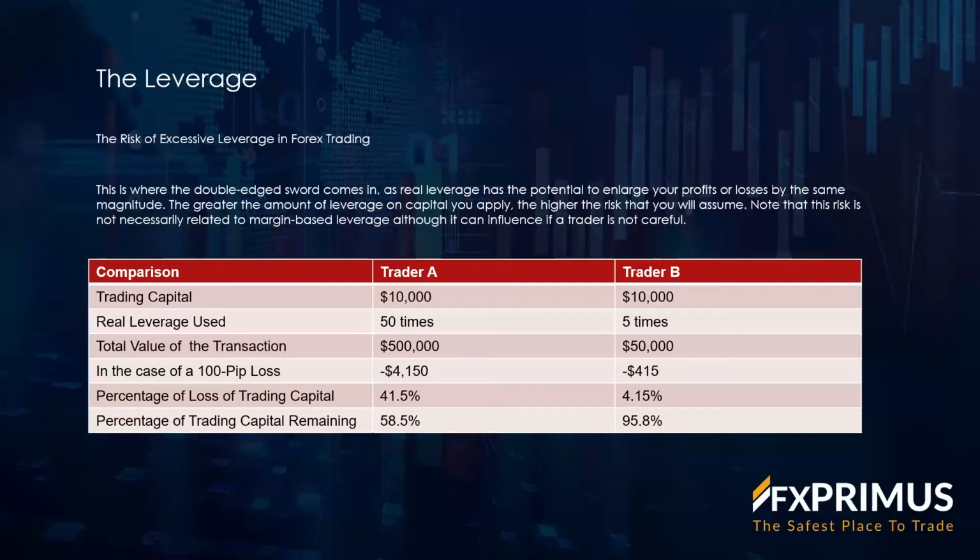Whereas when you're trading on a leverage of 5 times, your loss would be much lower, almost 10 times lower. So this is how trading on less leverage can safeguard you from exposing yourself to higher risk. This is why we should only get into high leverage trading if we have enough capital to safeguard ourselves.